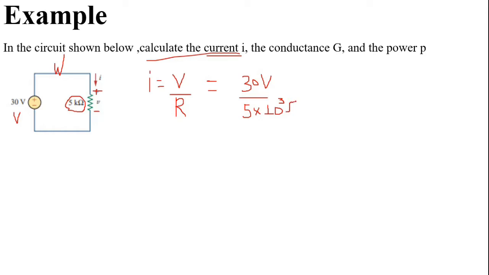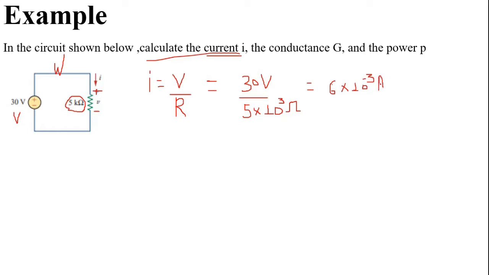We are given kilo ohm, so we change it into ohm first. So this can be calculated as 6 times 10 to the power of minus 3 ampere.